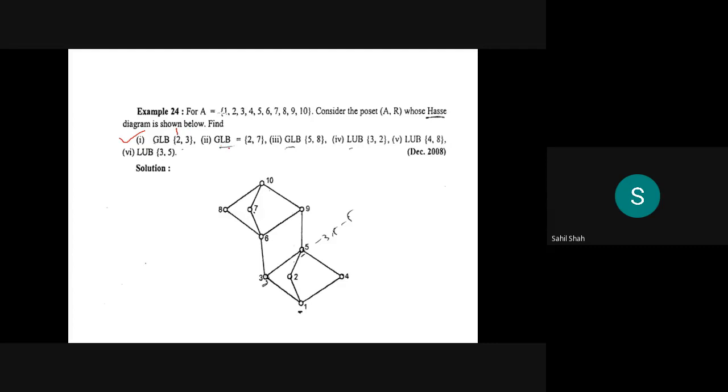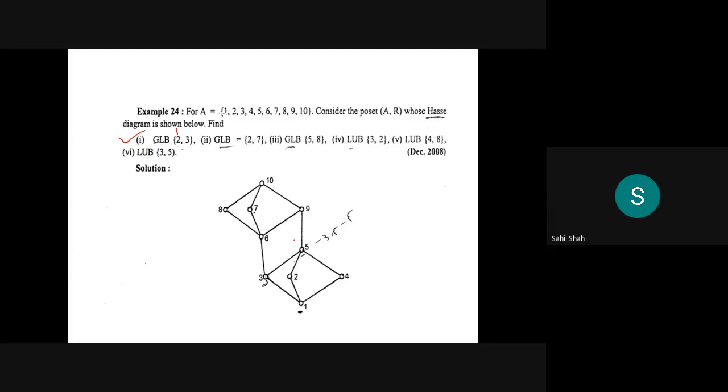How about the second? From girls, I want the reply. What is the greatest lower bound of pair 2, 7? There should be a direct connection. The element should be directly connected somehow.